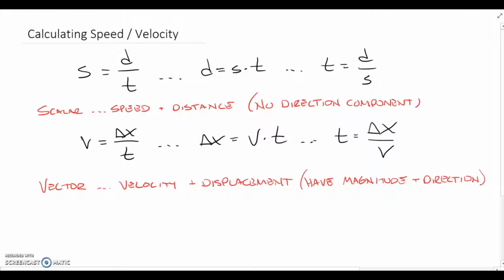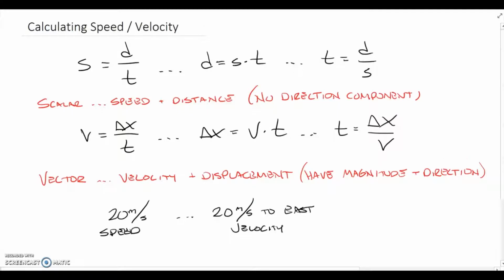And so we can say I'm going 20 meters per second, and that would be what we call a speed. However, I could say 20 meters per second to the east, and now I have a velocity.